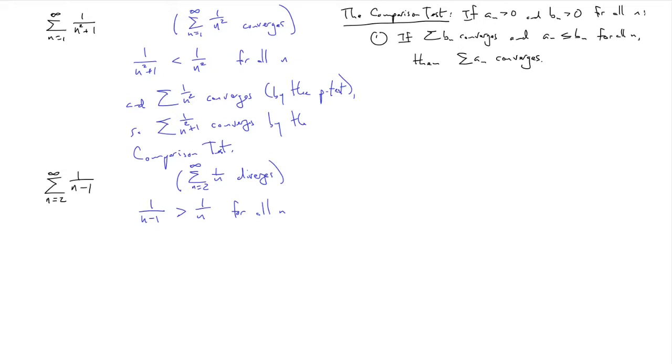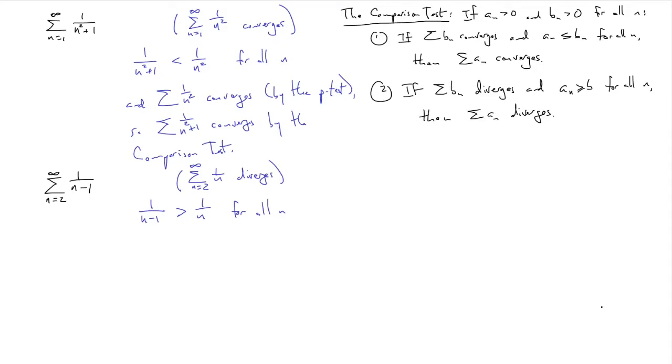And so how could the first series possibly converge when each nth partial sum of the first series is larger than the corresponding nth partial sum of the second series, which goes to infinity? And so the first series must also diverge. The limit of the nth partial sums must also be infinite.